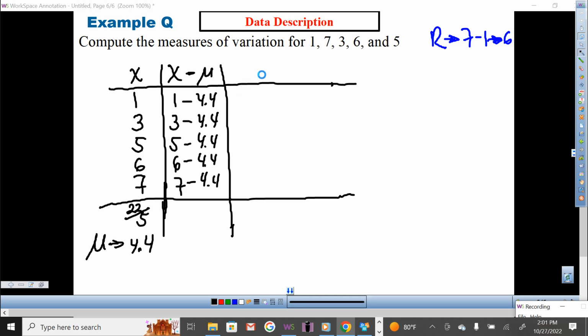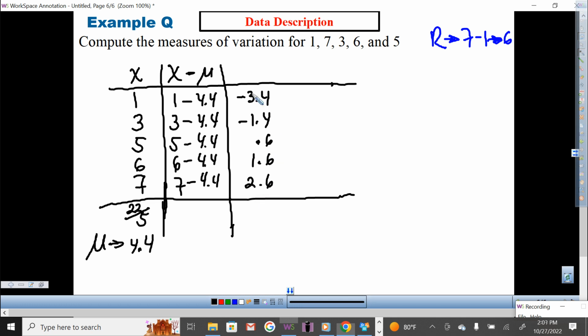So tell me what to write next. Amy, what do I do next? Close. Let's see. Subtract it. So this is negative 3.4, negative 1.4, 0.6, 1.6. Okay. So far so good, yes?